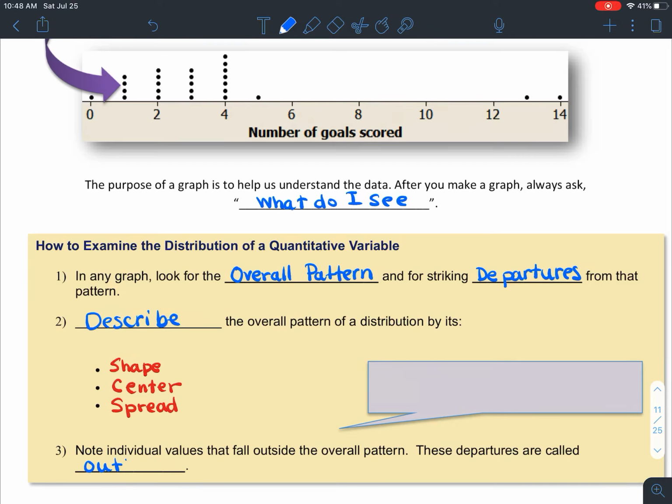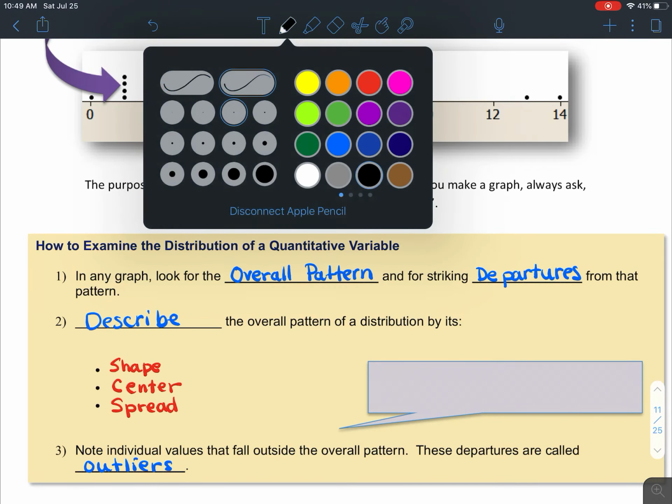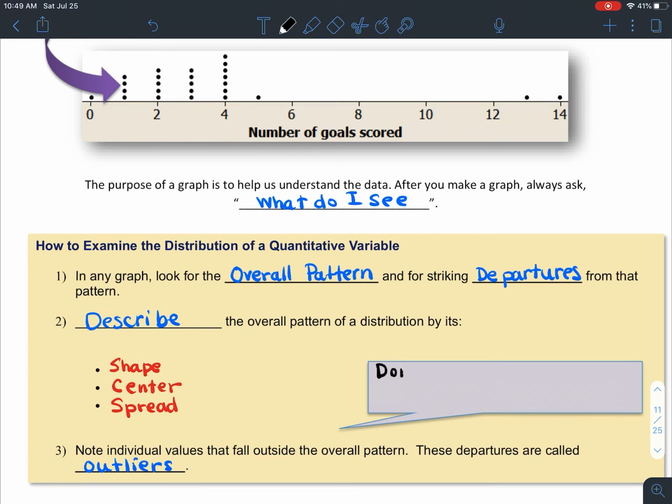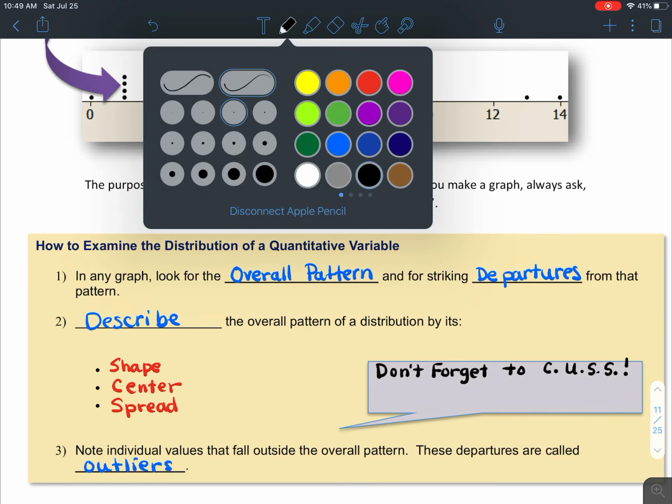And these departures are often referred to as outliers, okay? So here's going to be our acronym that's going to help us anytime you are asked to describe a distribution. There are 4 components that you need to make sure that you are using.